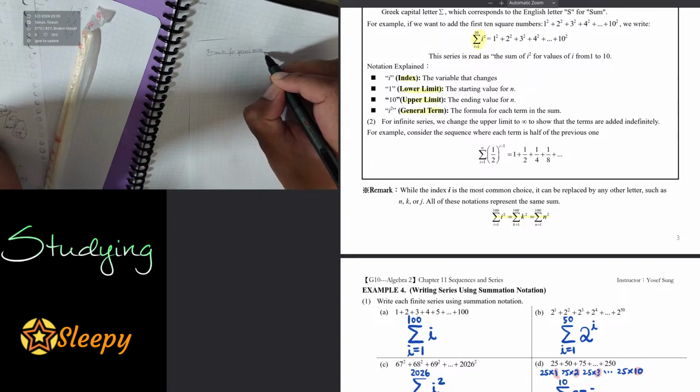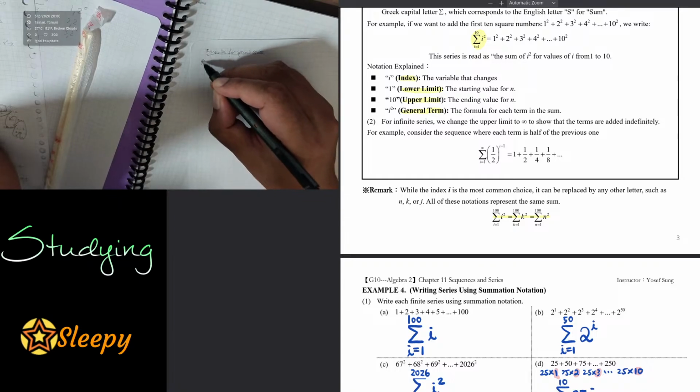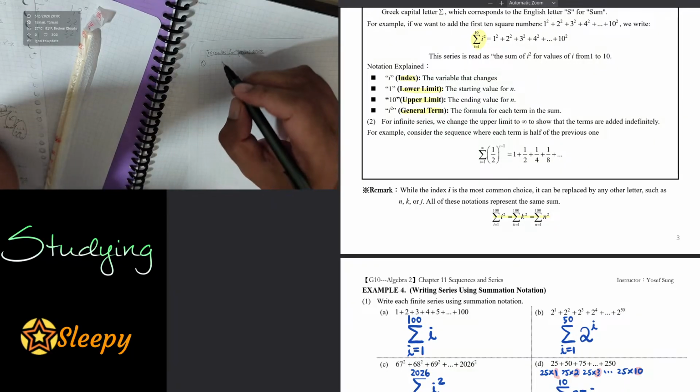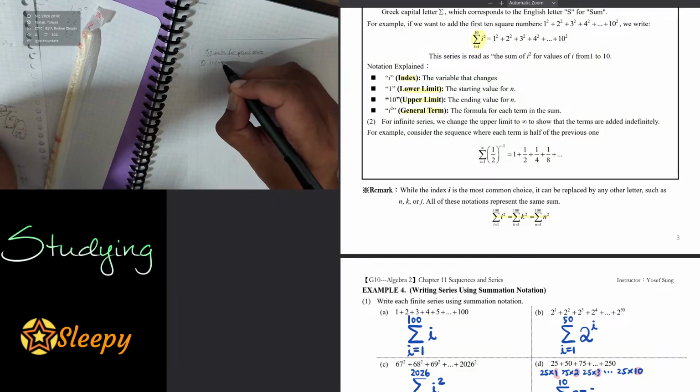Sum of the first n positive integers, 1 plus 2 plus 3 plus yada yada yada plus n is sigma, right?